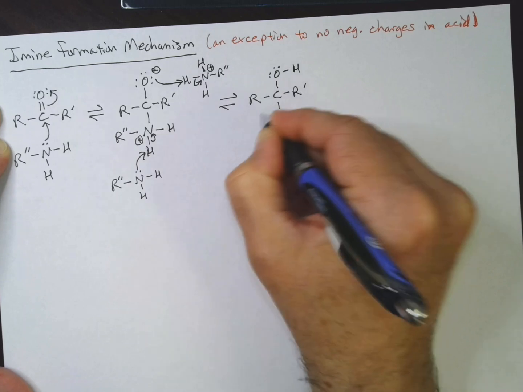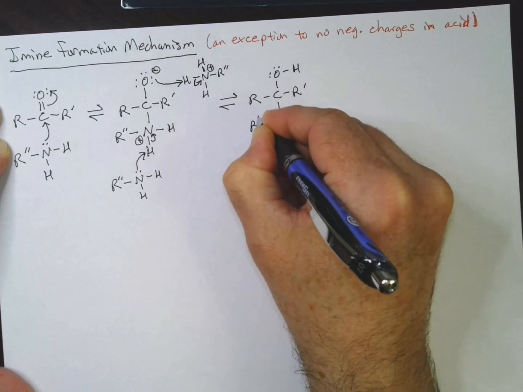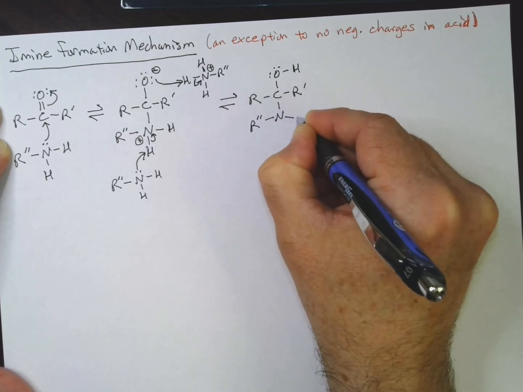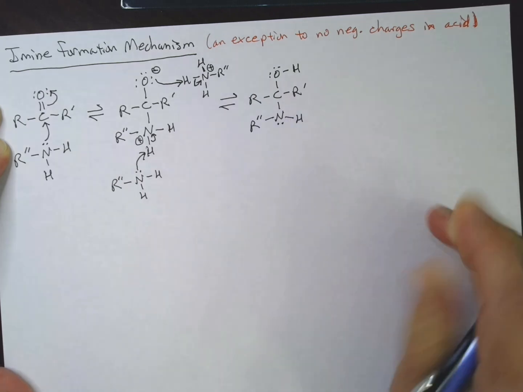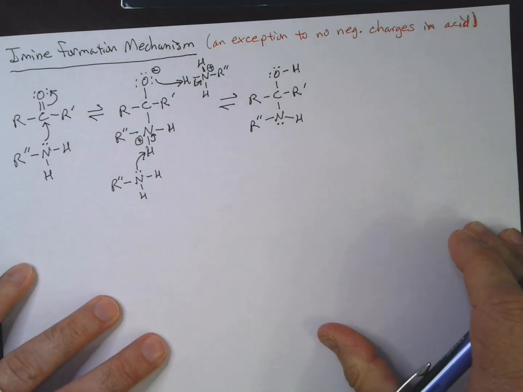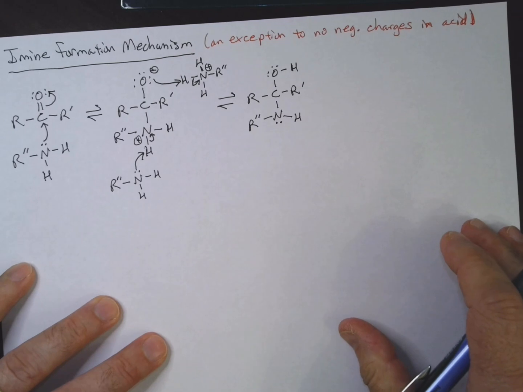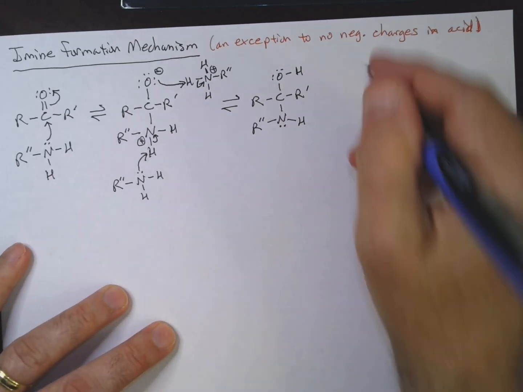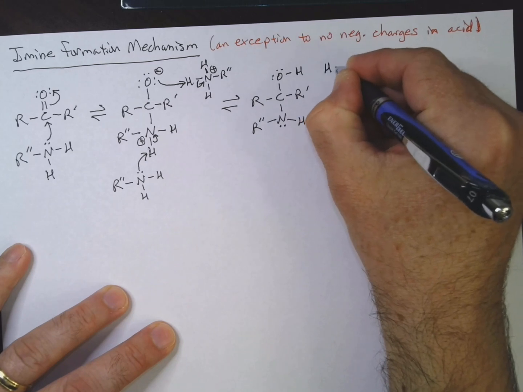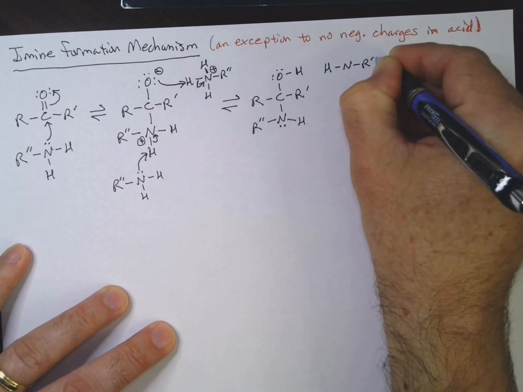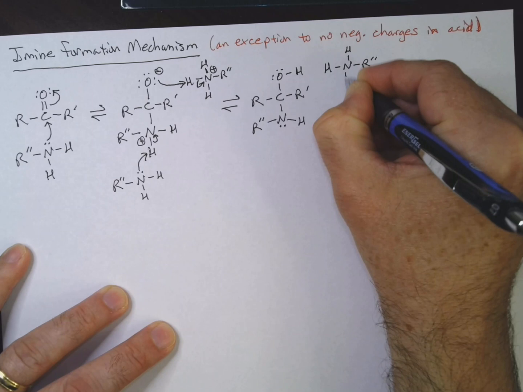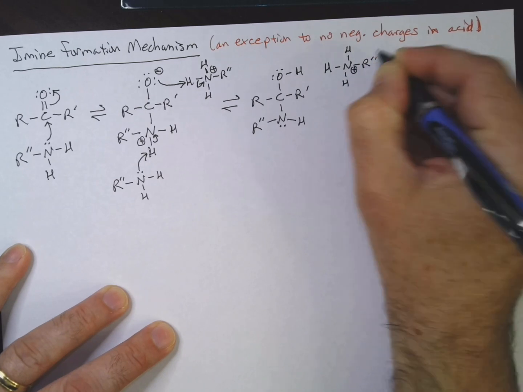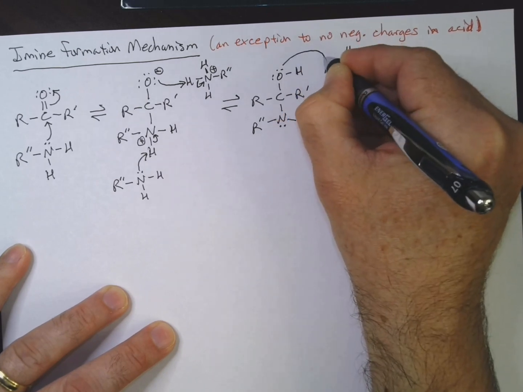I've got a nitrogen, I've got my R double prime, and I have one hydrogen and a lone pair. Now we can get additional protonation. So if I have another molecule of the protonated amine here, I'll do another protonation.